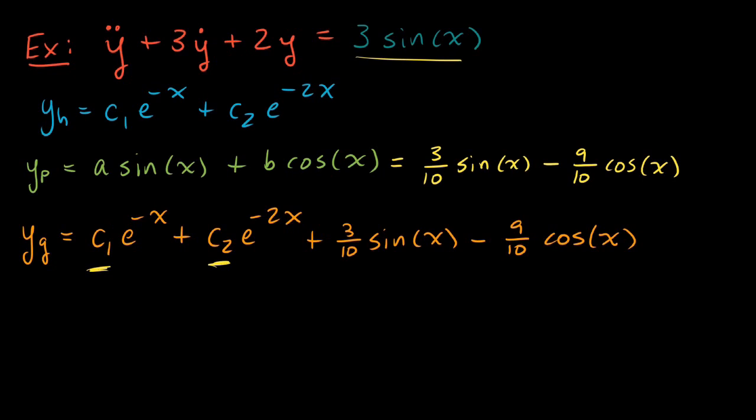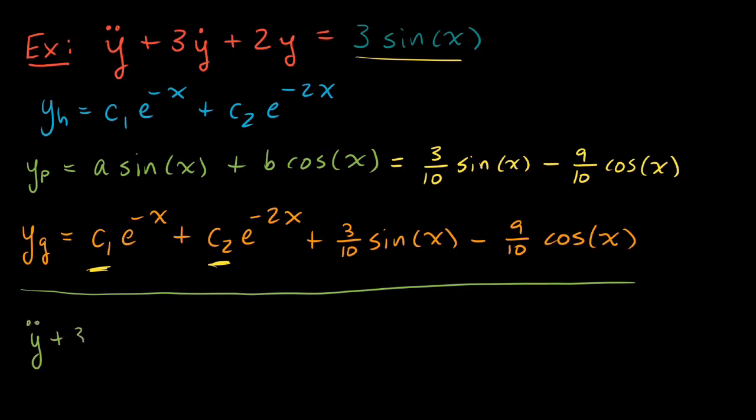It turns out, because this differential equation is linear, we can solve a system that might look something like y double dot plus 3y dot plus 2y equals, let's say, 2e to the 3x plus 4x squared plus 3 times the sine of x, right?